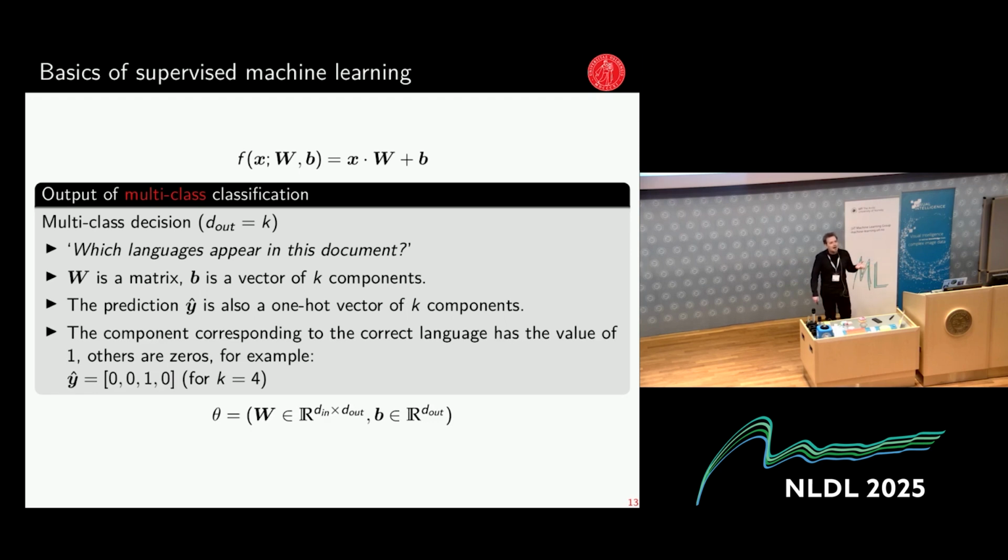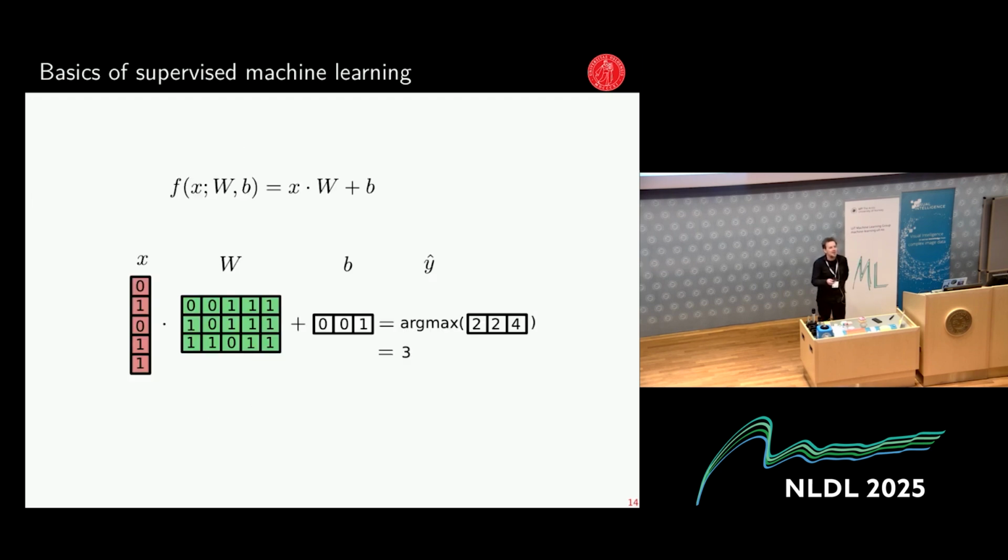But then the prediction is now not a scalar, not a number, but a vector. A vector which corresponds to the languages, whatever language is the correct language of the document. So this component of the prediction vector will have 1 as its value, and other components will have 0, in the fortunate case that our model works correctly.